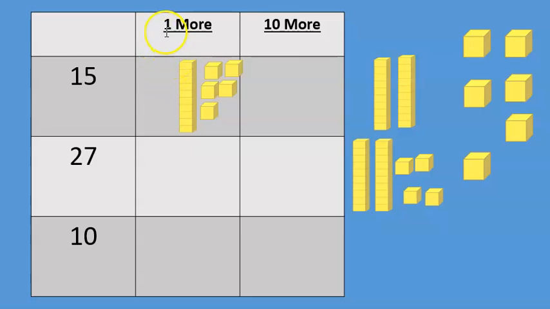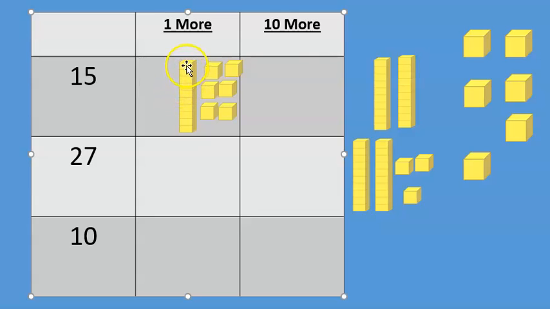Now look right here. It says 1 more. Now first graders, watch. I'm going to click here on this single cube. I'm going to drag 1 more in here. Did you see that? I put 1 more cube in here because that says 1 more. Now, let's see what our answer is going to be. We have to count this up again. Okay? Watch Mr. Begay.